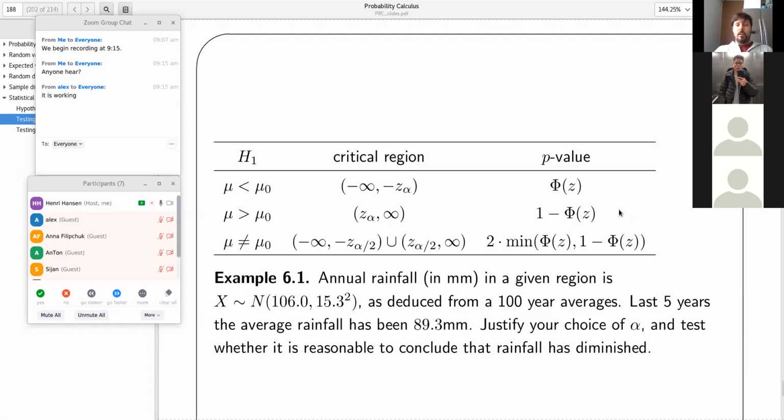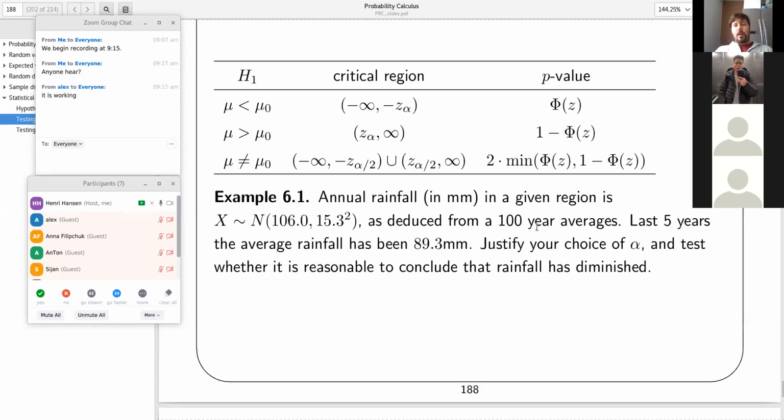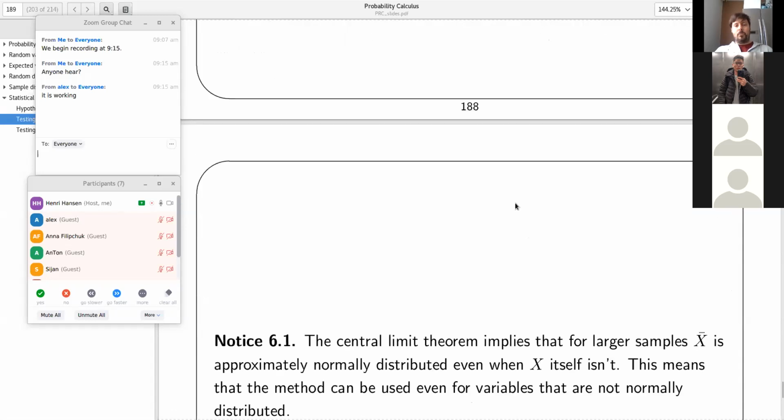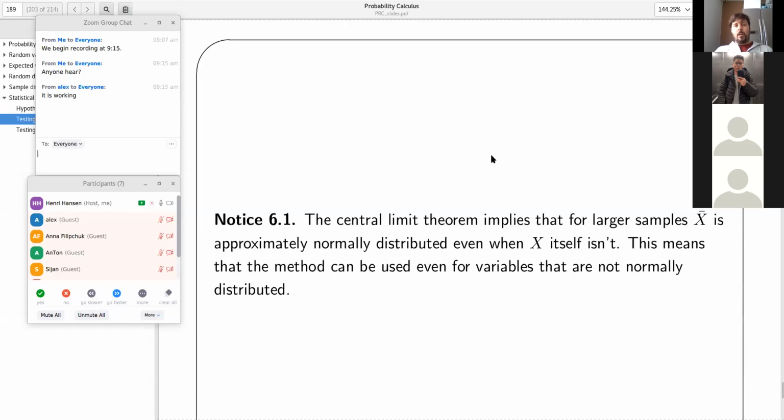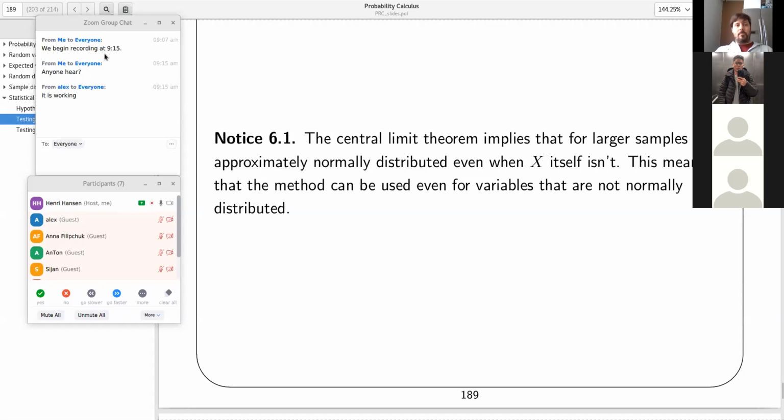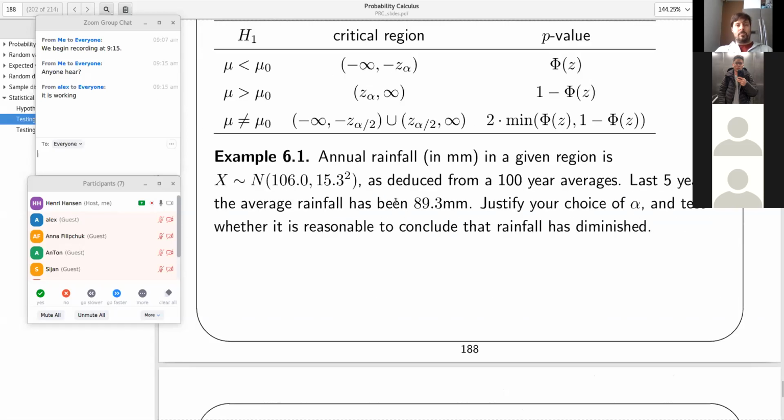That's the idea. So here was an example of the annual rainfall. I skipped that. For Friday, I have a few of these examples again. We'll talk about those. I put them online, and I can go through these examples as well.